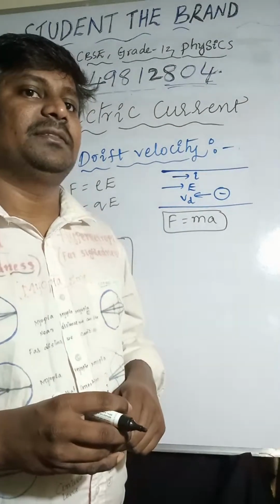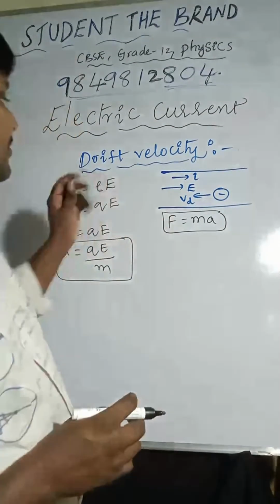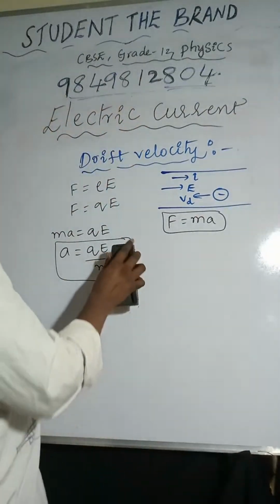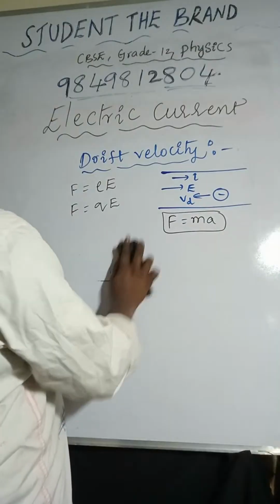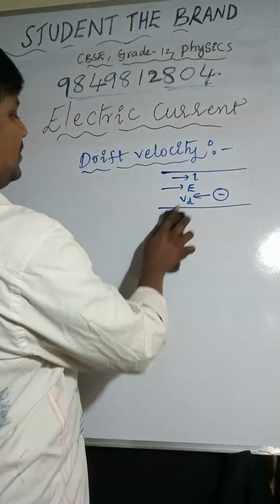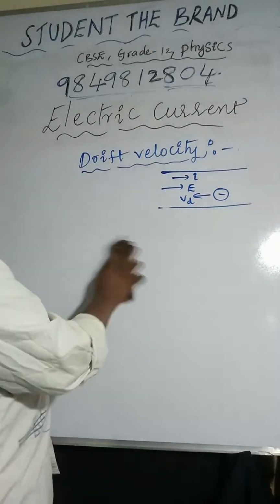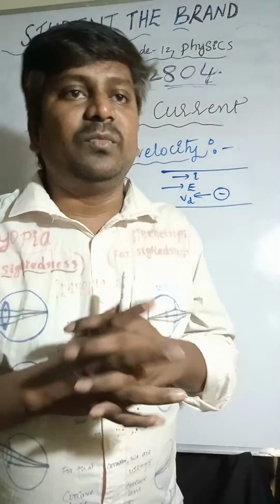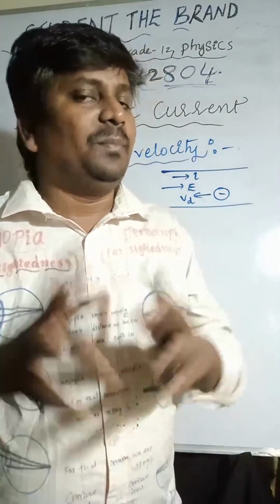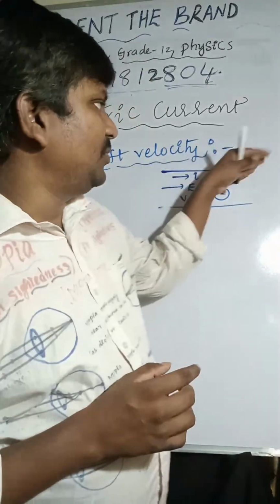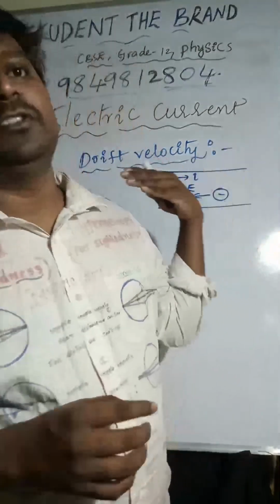Here we are discussing drift velocity, right? So that is the acceleration, along the direction of the electrical field. But electrons are moving in the conductor opposite to the electrical field. Positive charges are moving in this direction, electrons in the opposite direction.